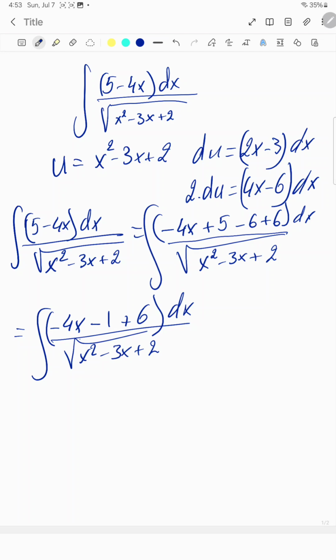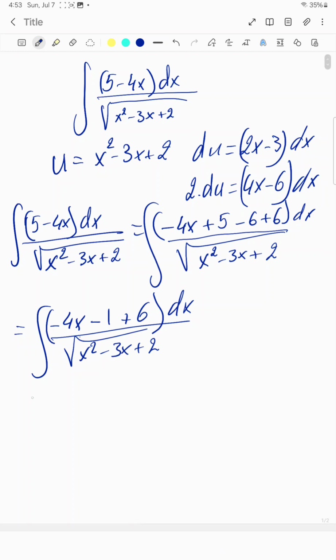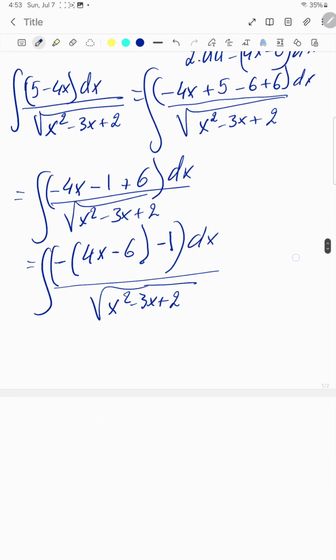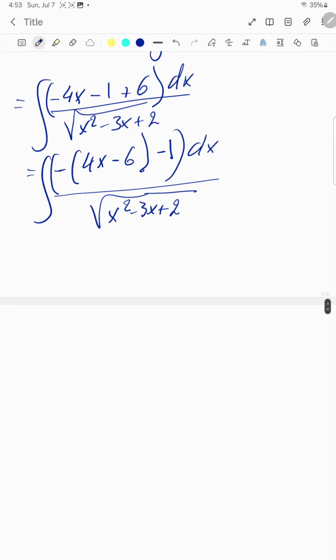Now, if I factor out the minus, it becomes minus 4x minus 6, and then I keep the minus 1 outside. dx, all that, in parentheses, divided by square root of x squared minus 3x plus 2. So I can rewrite that integral as two integrals.